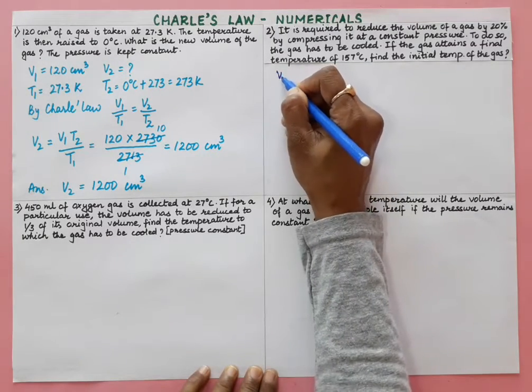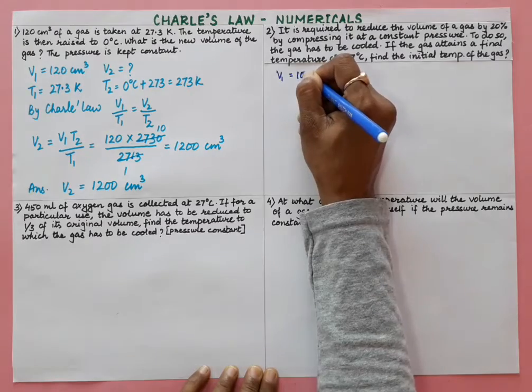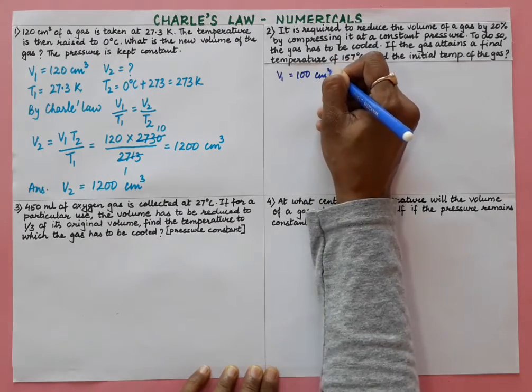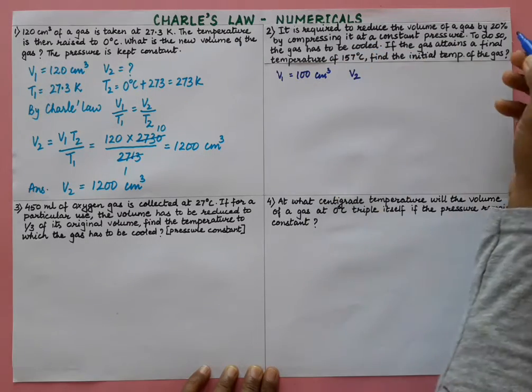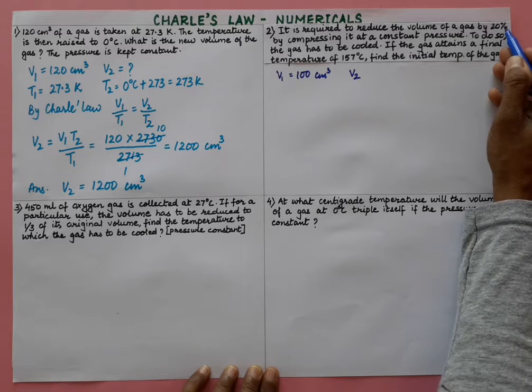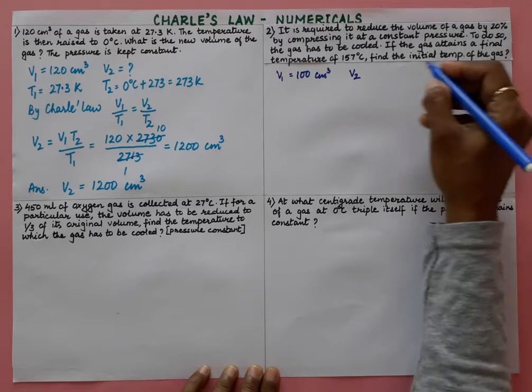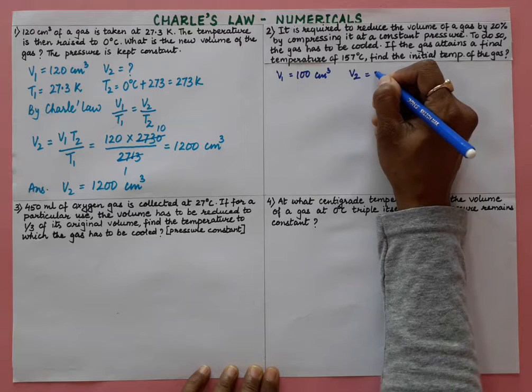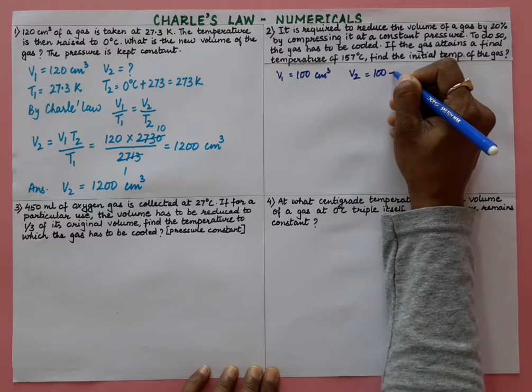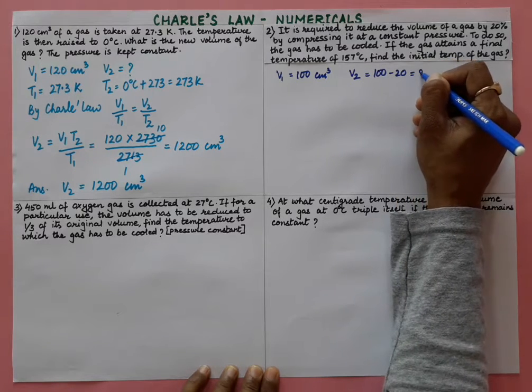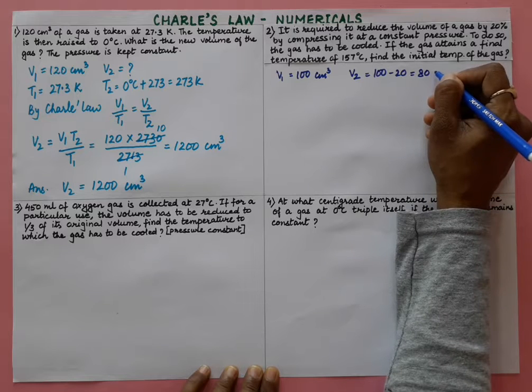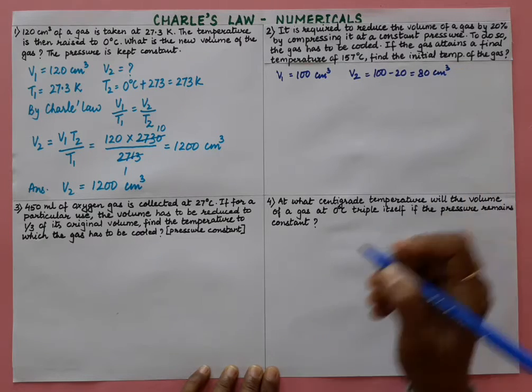Let us take V1 as 100 centimeter cube. Then V2 is reduced by 20%, so 100 minus 20 gives 80 centimeter cube.